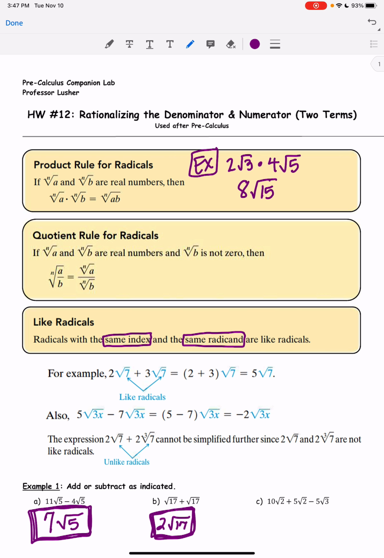And C, we have multiple terms. We got 3. Can I add all 3 of those together? Okay, hopefully you said no. And so which 2 are like radicals? Which 2 can I add together?